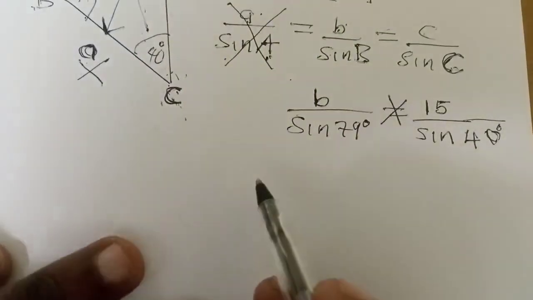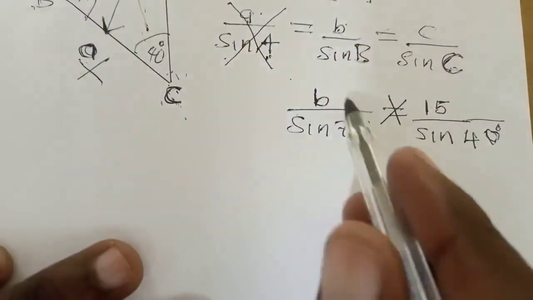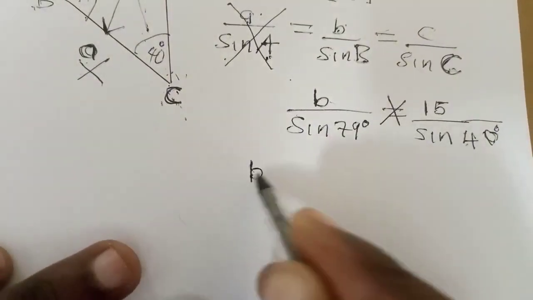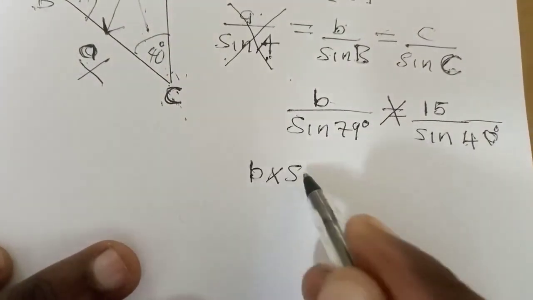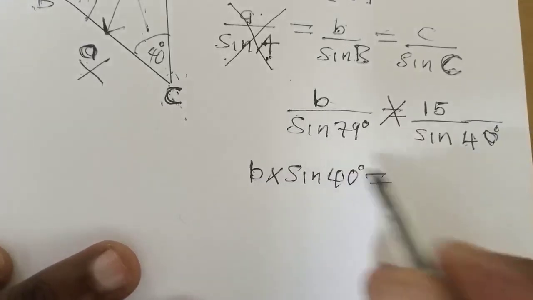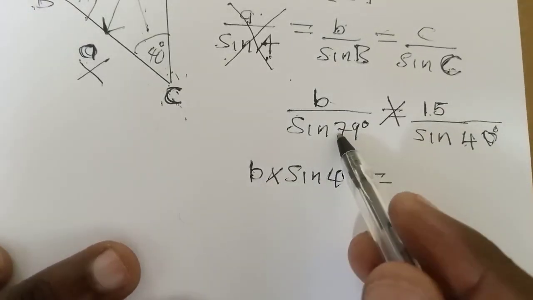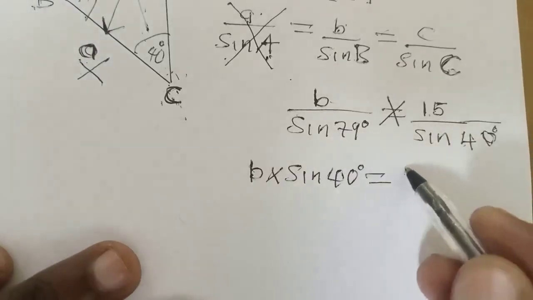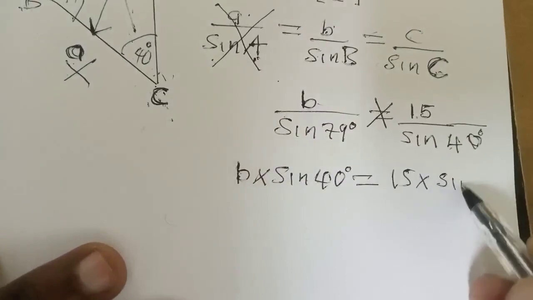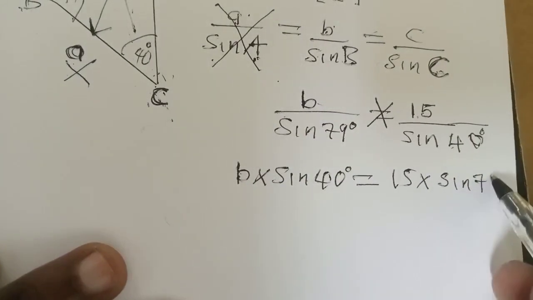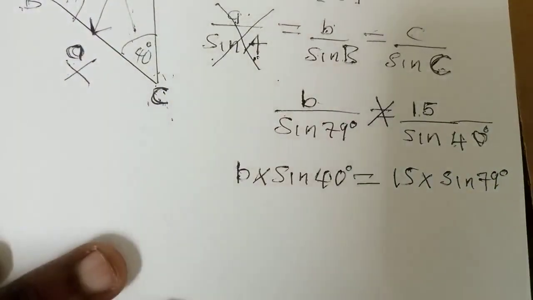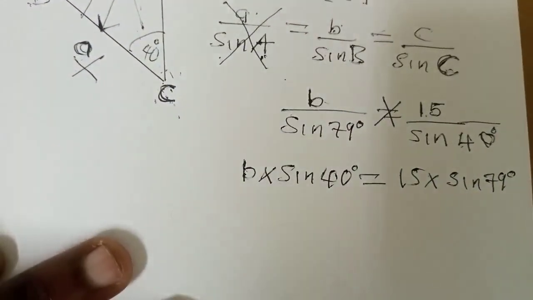So when you cross multiply, it will be b times sine 40 degrees is equal to 15 times sine 79 degrees, like that.